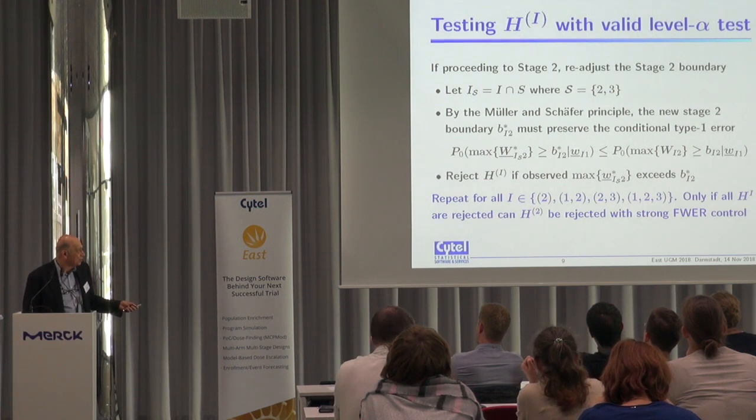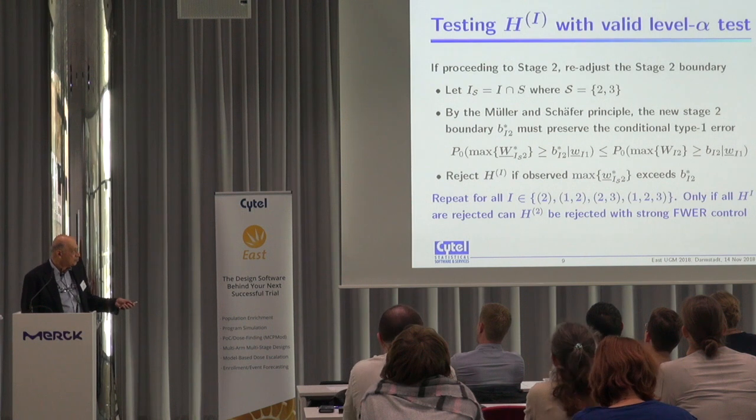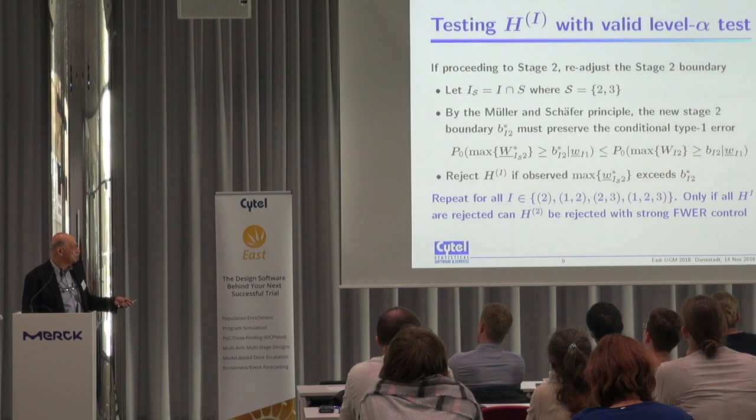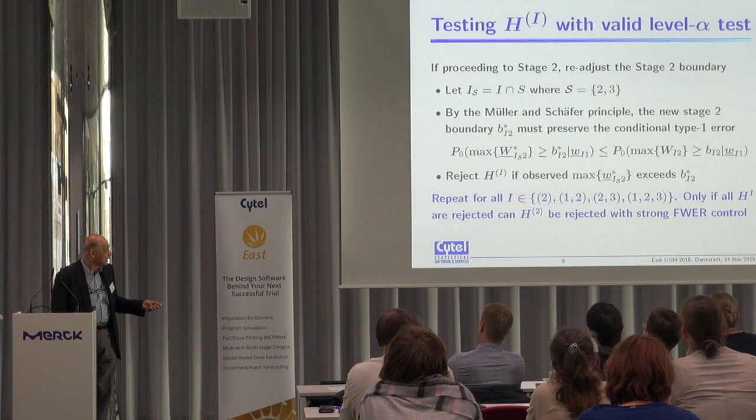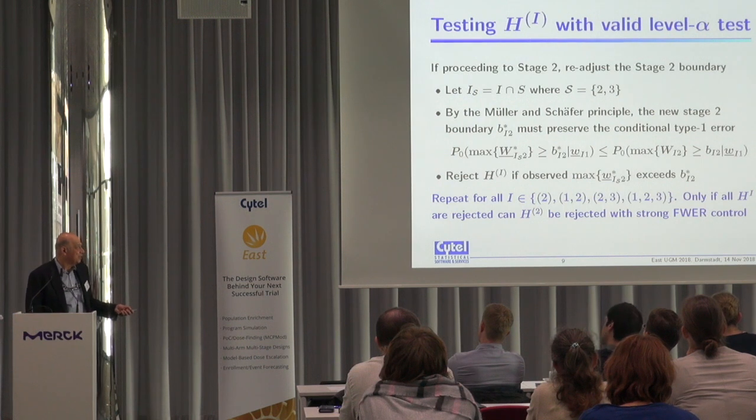And it's conditional on what you saw at stage 1. So you can find the boundary such that this conditional error is preserved. That the conditional type 1 error under the null hypothesis, if you made a change, should not exceed the conditional type 1 error if you made no change.